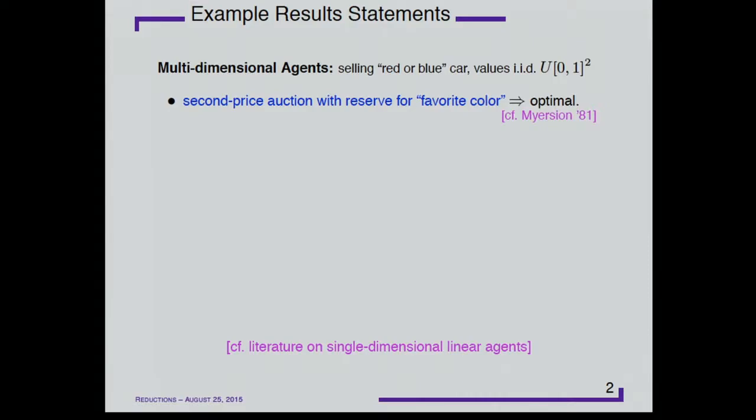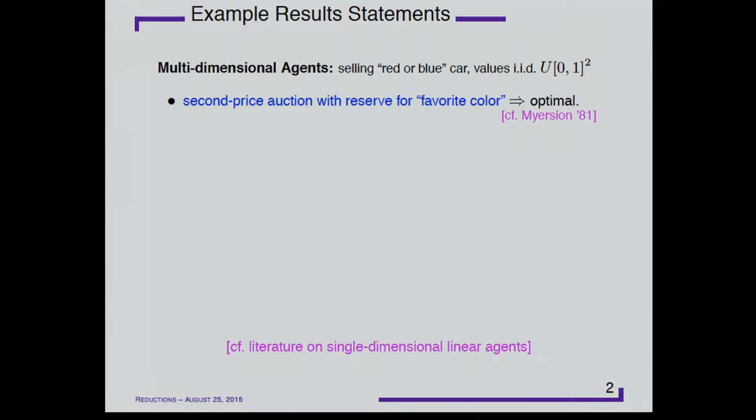Okay, so here's one result. Suppose you have a multi-dimensional agent. In particular, you could be selling a car that you could paint either red or blue. And the agents might have a different value for different colors you could paint it. If you imagine that the values for the colors are drawn IID from the uniform square for their value for blue or red, then the following auction is optimal.